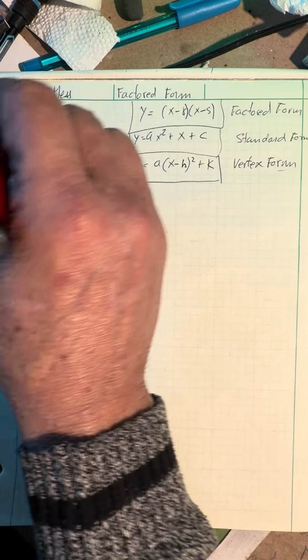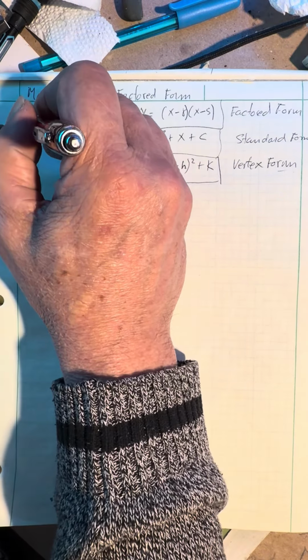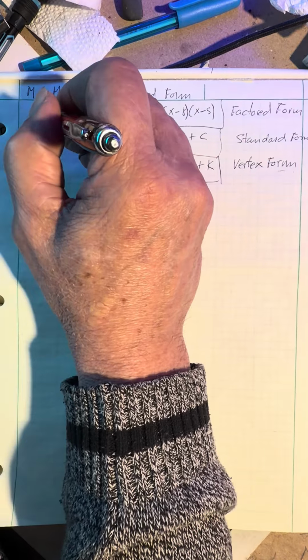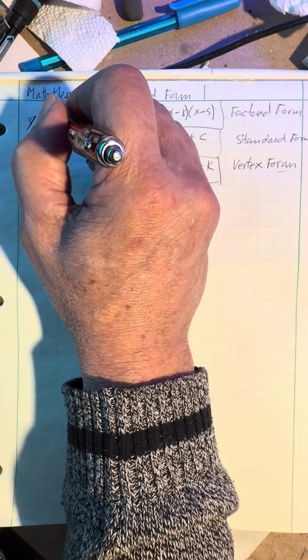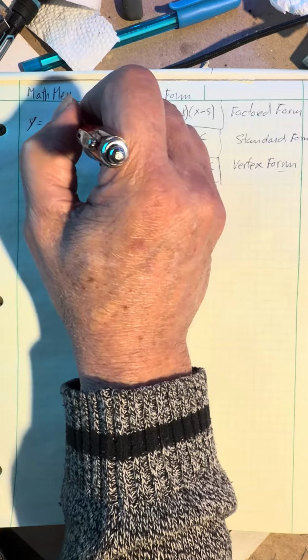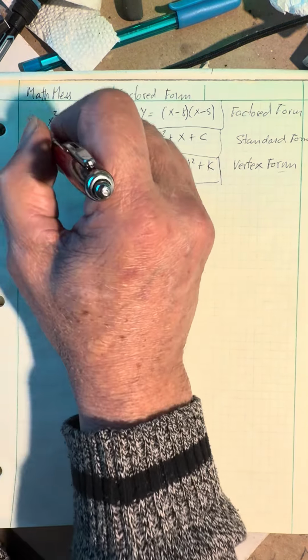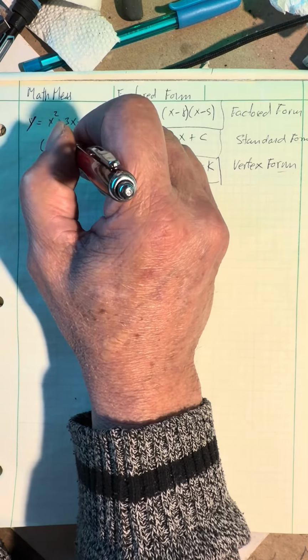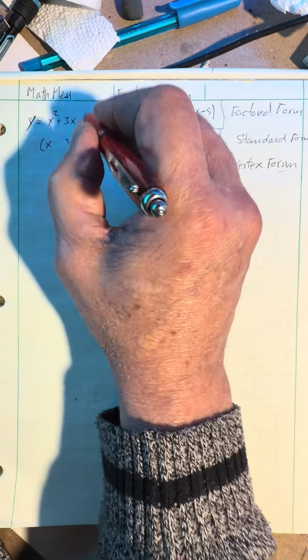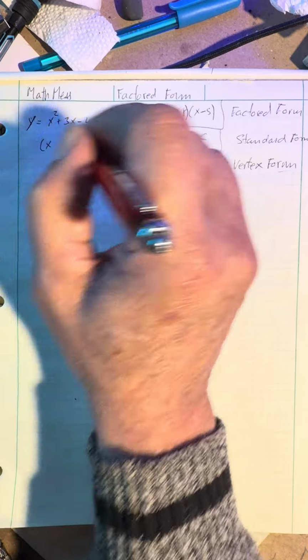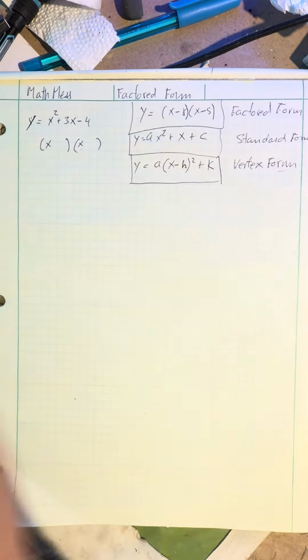So the problem that we are going to do is y equal to x squared plus 3x minus 4. In this problem, we have to find two numbers, and I'll explain it later. I'll do it on this side.